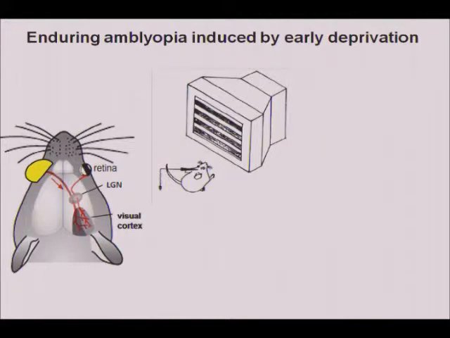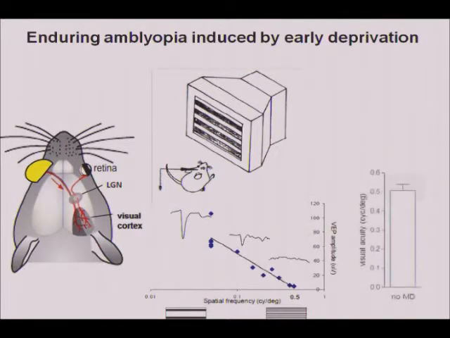You can measure vision in a mouse by placing an electrode on the visual cortex and presenting black and white stripe pattern of ever finer frequency. And at some point, this beautiful visually evoked potential, analogous to the one you can measure in humans, disappears. And so you get an acuity threshold in these animals.